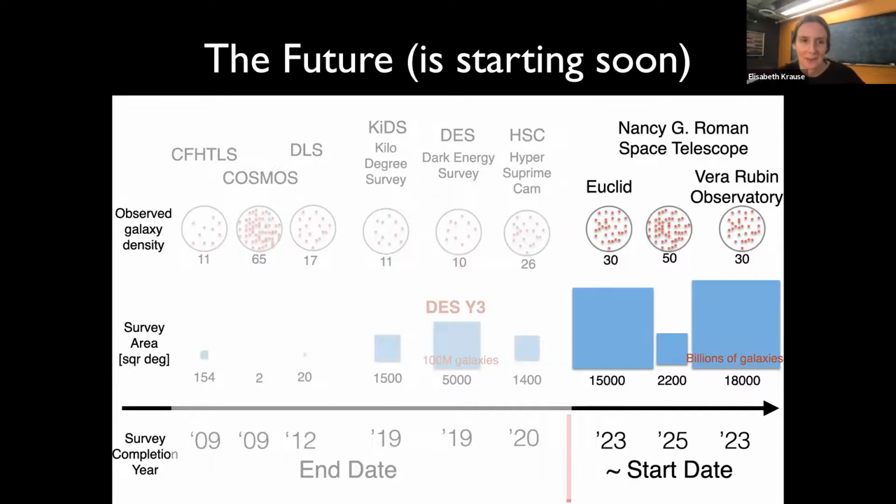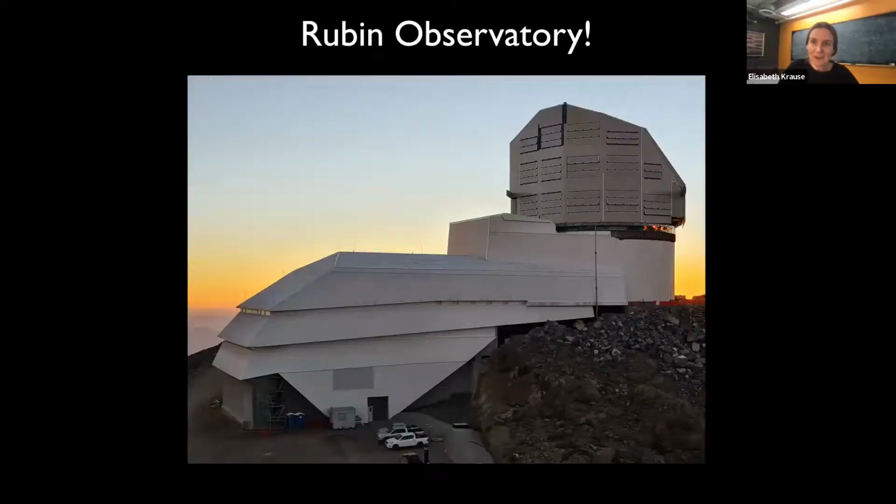Okay, instead, let's turn towards the future, which is starting very soon. For example, Rubin Observatory had engineering first flight already, and commissioning is about to start. So we better get ready for science analyses.